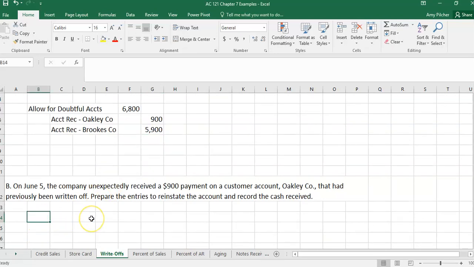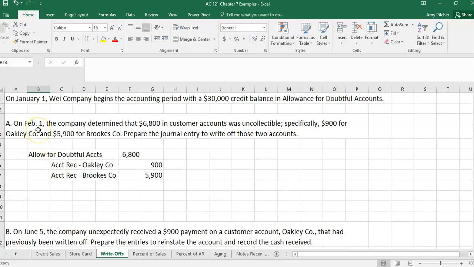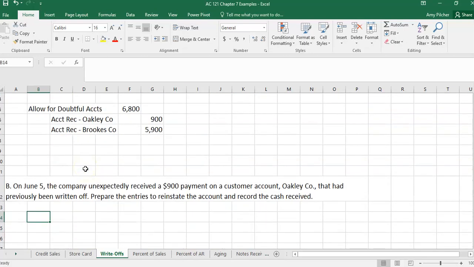Okay. Then on June 5th, we unexpectedly received $900 in cash from a customer that we wrote off on February 1st. So we then need to reverse that write-off.